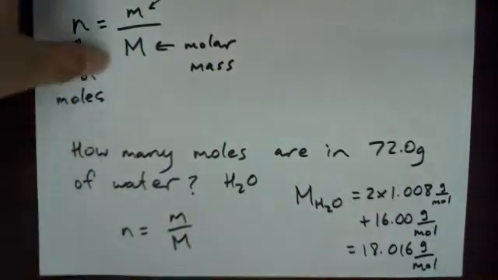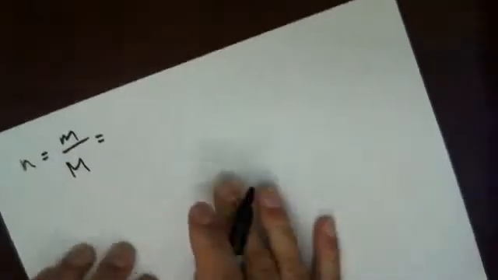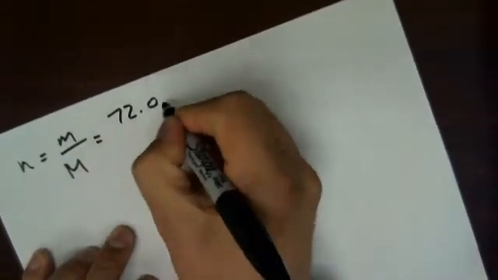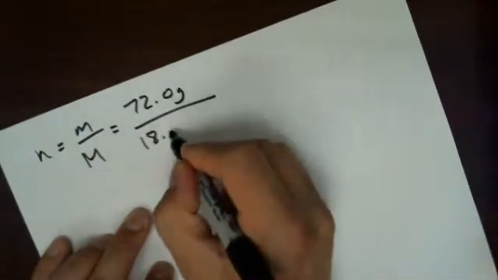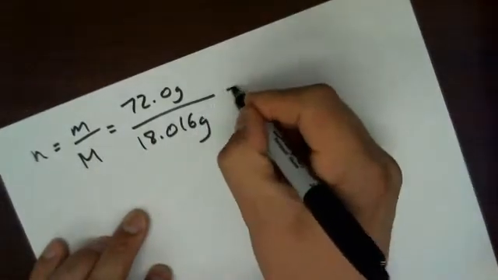So let's get a fresh sheet of paper. And so if we continue that on, number of moles equals mass over molar mass is going to equal our mass, which is 72 grams, divided by our molar mass, which is 18.016 grams per mole.